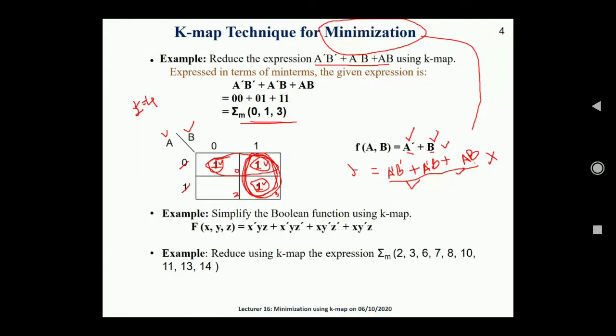Again, see, in the first expression each term has only one variable, one literal, but in the second expression each term has 2 variables. So when we construct the gates or logic circuit, more gates are required compared to the first expression. When we compare with the first expression, the circuit has fewer gates and variables. So this one is the correct one.